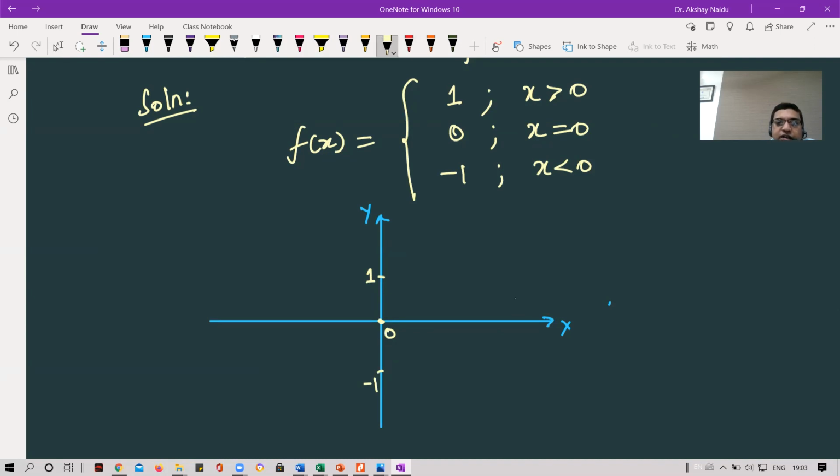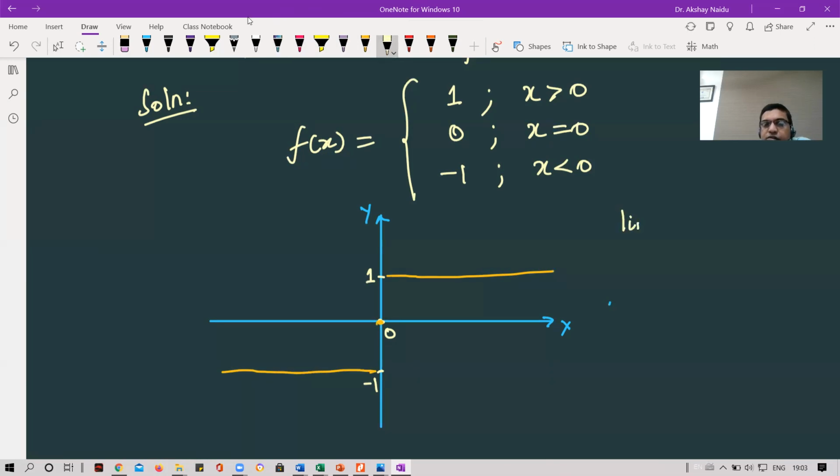Now when you plot the graph, let's say by this orange line, when x is greater than 0, it is 1. When x is 0, it is 0, and when x is negative, it is minus 1. Now let us examine the limit.